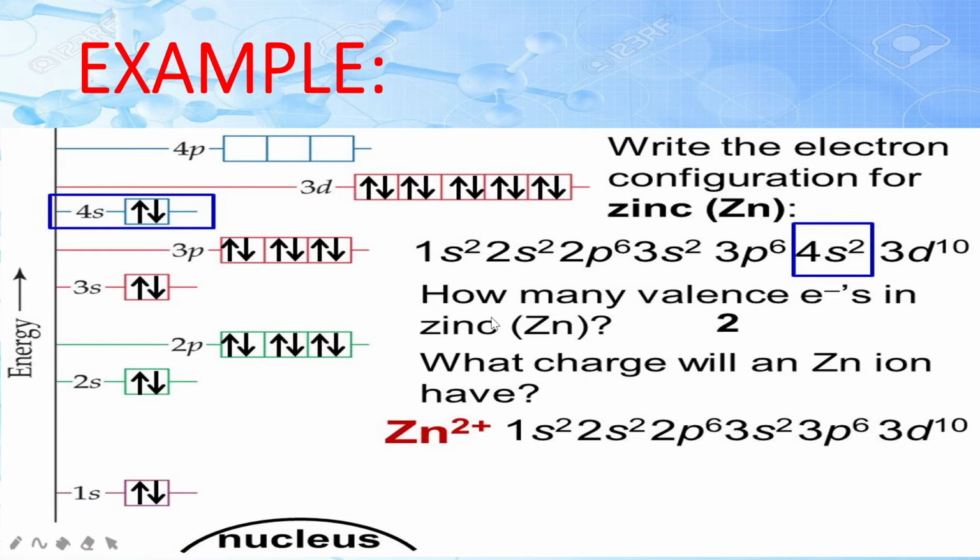Now, the question is, how many valence electrons does zinc have? There are two valence electrons. So what charge will a zinc ion have? We have two positive. So that is now the valence electrons. Look for the greatest base number in the electron configuration.